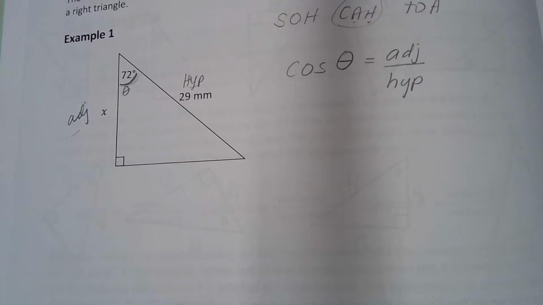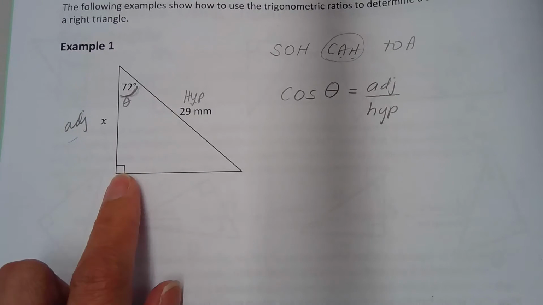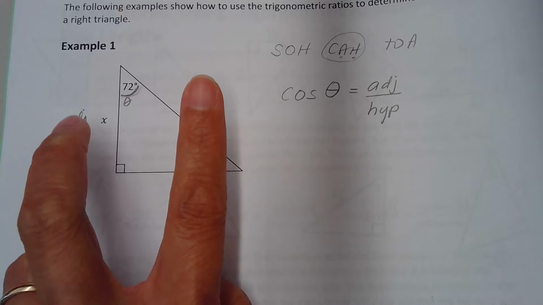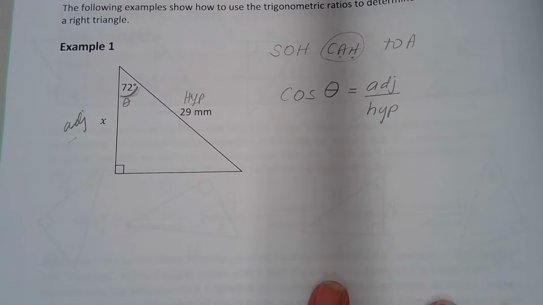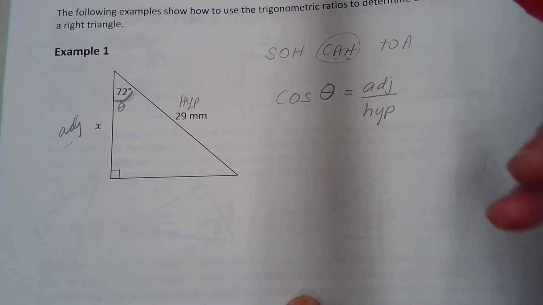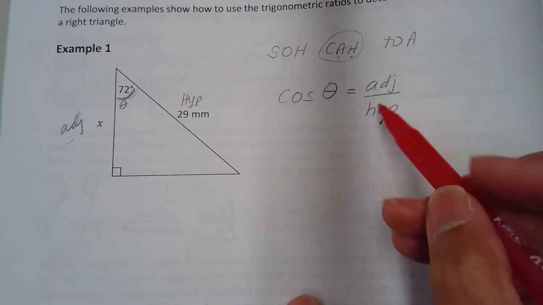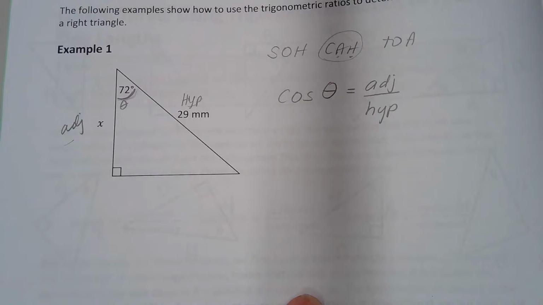If we follow these steps, we're not going to mess up. It's a right triangle, we know where theta is, and we've labeled the sides that are given. So the first thing is to label, pick our ratio, and then substitute.